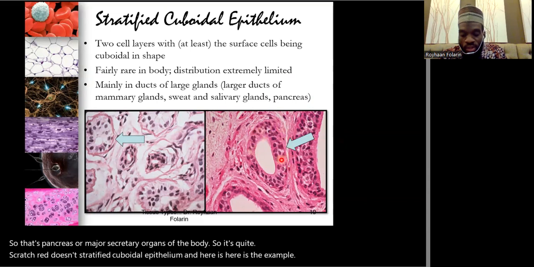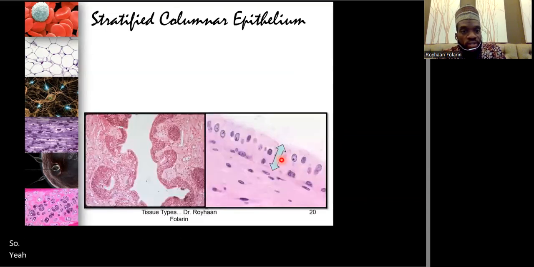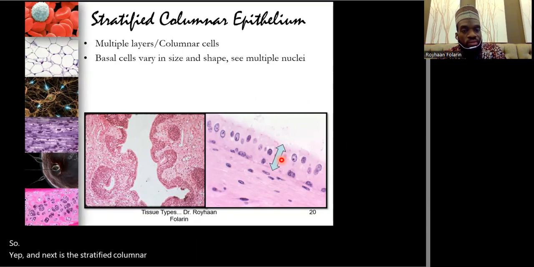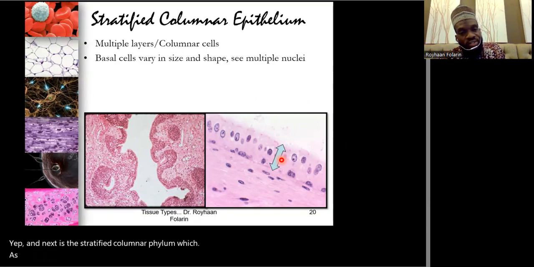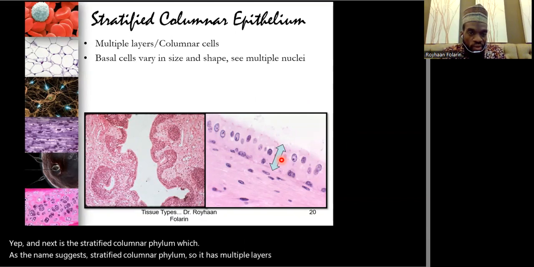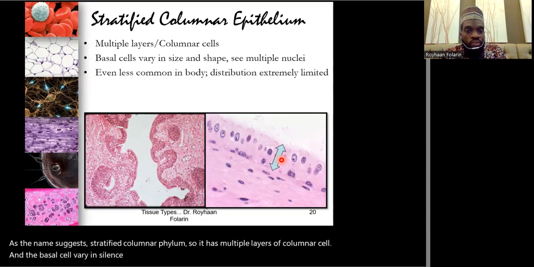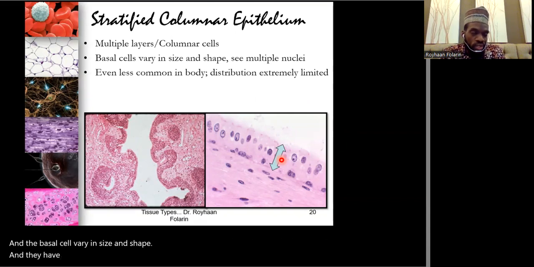And next is the stratified columnar epithelium, which, as the name suggests, has multiple layers of columnar cells, and the basal cells vary in size and shape. Therefore that gives a multiple distribution of the nucleus.